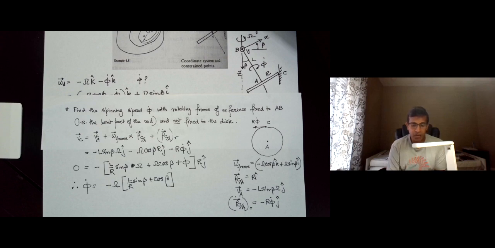In this case, our second choice of the rotating frame mandated that we include the relative velocity between C and A in the rotating frame, and that was included. Our rotating triad remained the same, and so when we did the vector multiplications and additions, we did come up with the same expression for phi dot, which is the spinning speed.